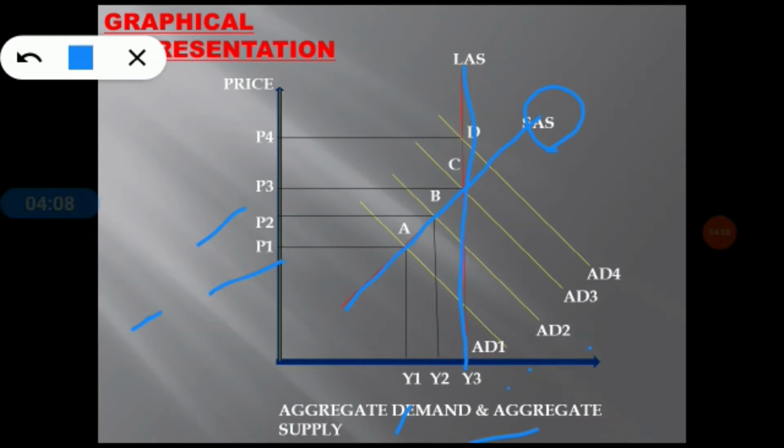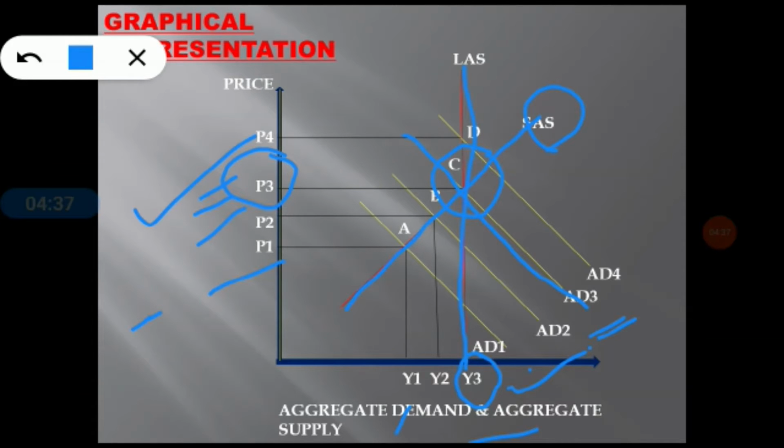Is it clear? So now at P3, the aggregate supply and aggregate demand curve AD3 intersect at this point, that is C. And this is the equilibrium price and this is the equilibrium output. The equilibrium price is P3 and the equilibrium output is Y3.